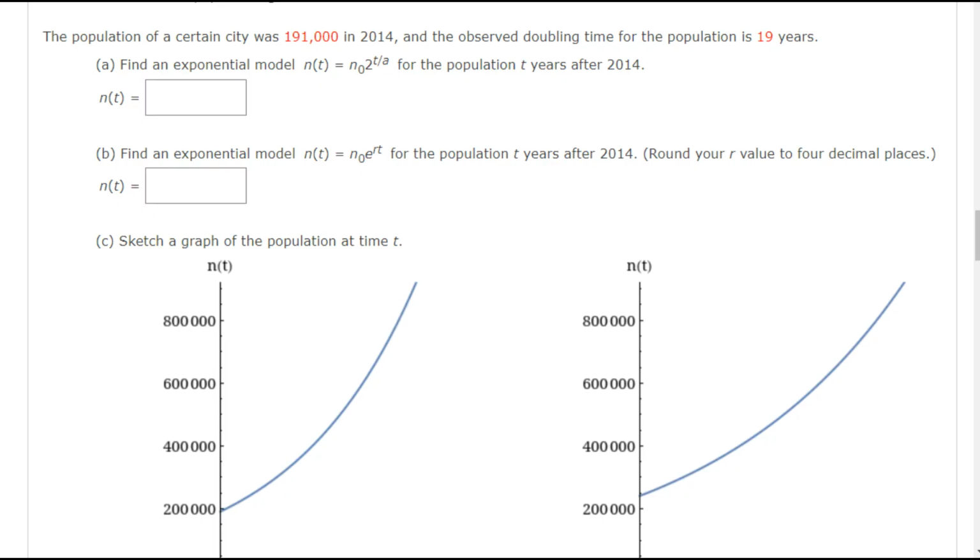Anyhow, now we have another population model. A certain city had a population of 191,000, and the observed doubling time is 19 years.